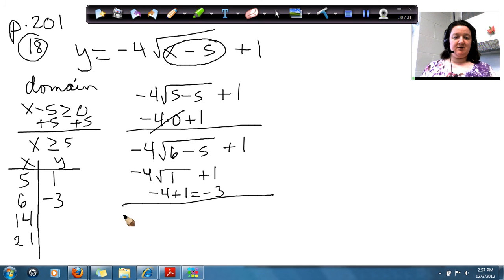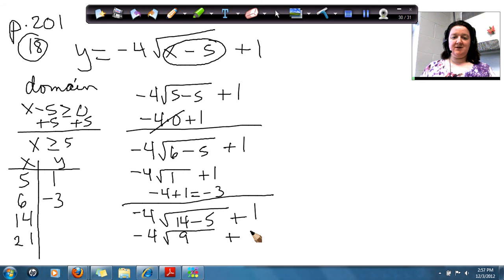And then I'm going to plug 14 in. Negative 4 square root of 14 minus 5, plus 1, which gives me negative 4 square root of 9 plus 1. So that's going to give me 3. So 3 times that would be a negative 12, plus 1 would be a negative 11.